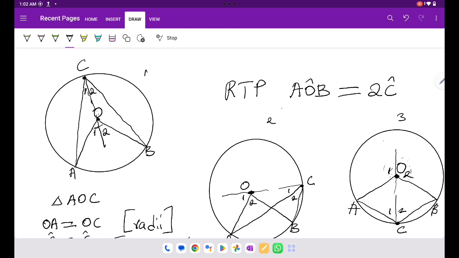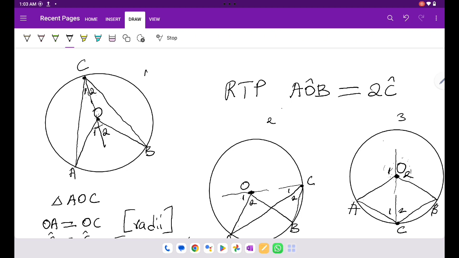Right, and then we continue to say O1 equals C1 plus A. In this triangle, we'll say O2 equals C2 plus B. Now, the same reason, because it's an exterior angle of a triangle. Right. Now, if we replace B with another C2, we will say O2 equals 2C2.